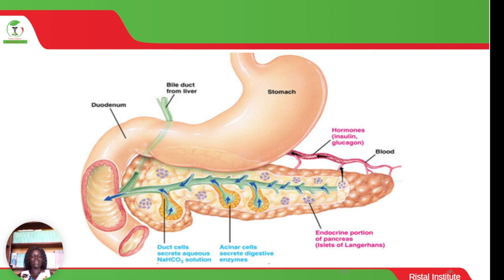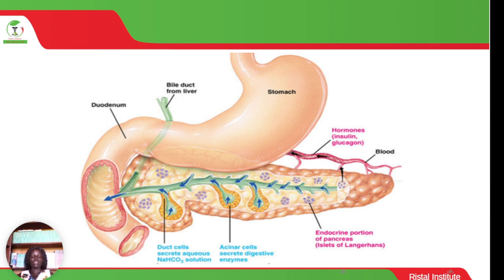So right there, we have that structure, and as you can see, we have the duodenum right there. Then here we have the pancreas. Here we have the duct cells that secrete aqueous substance. Then we have these other ones right there.